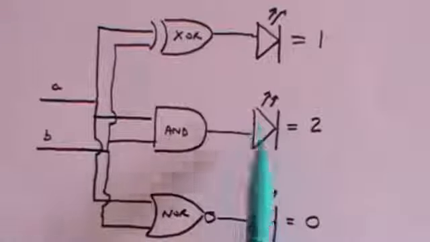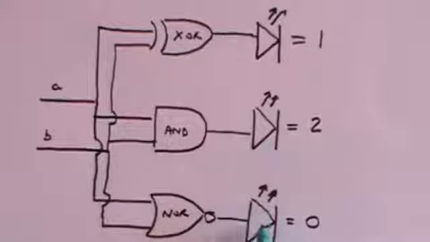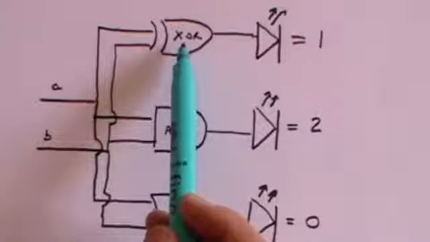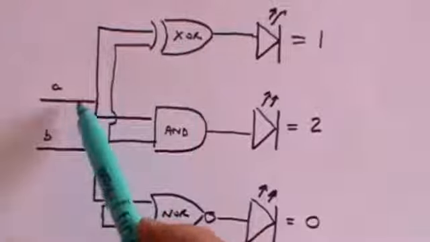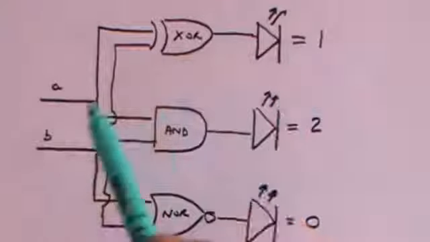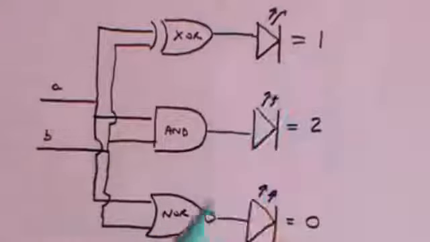So these two light emitting diodes do not light up. But the XOR will light up because the XOR says one but not both of them has to be positive. And when that lights up, you have added 1 and 0 to make 1.